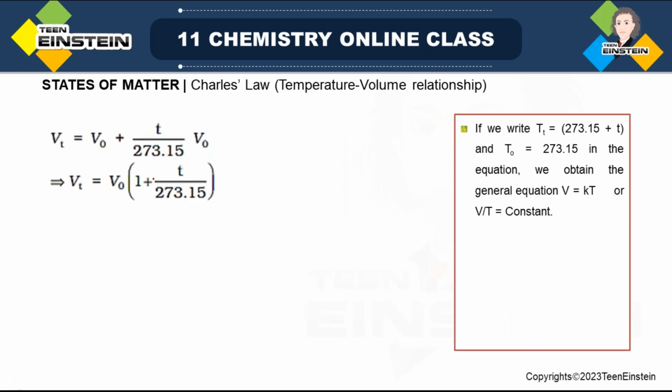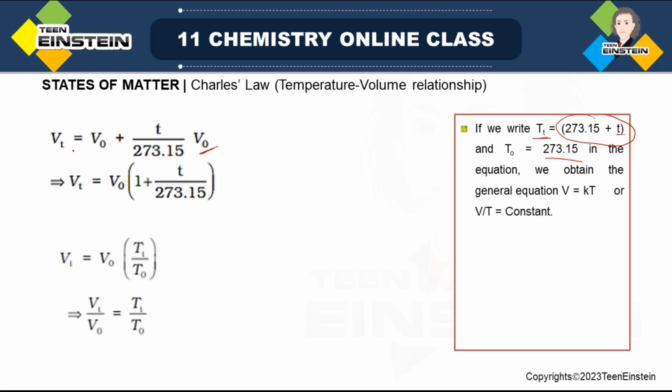So here we have this Vt equal to V naught plus, which we have already seen, and if we take this V naught common, we will have this type of equation. Now, if we write this quantity in the form of capital T subscript small t, because here we are using this T as subscript, and if we consider this value as capital T naught in this equation, then the equation will change like this.